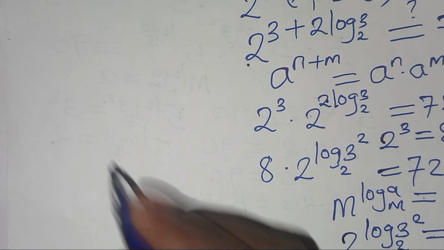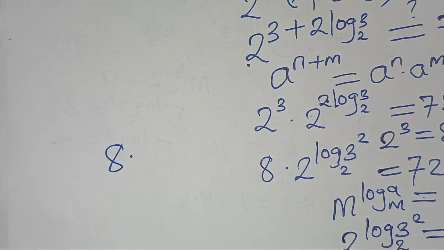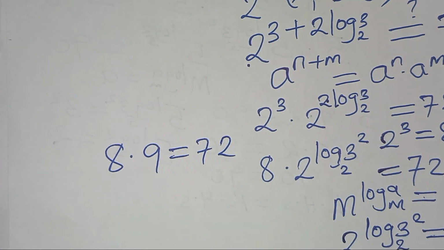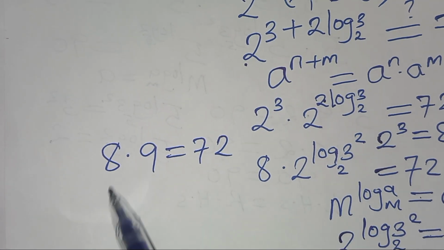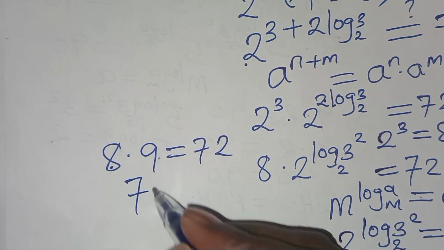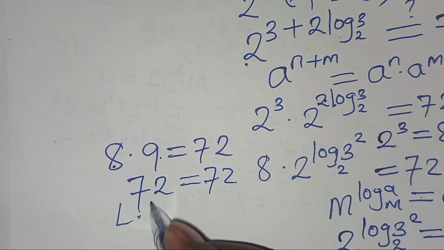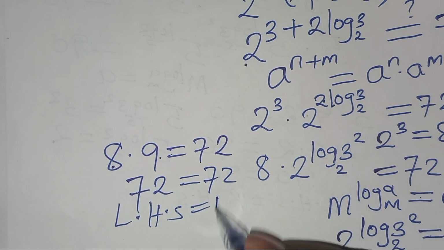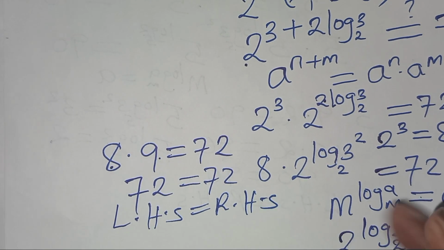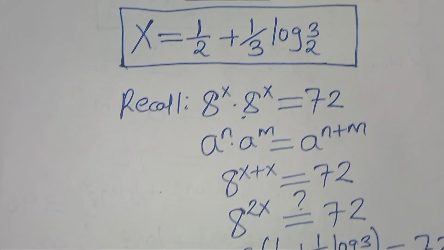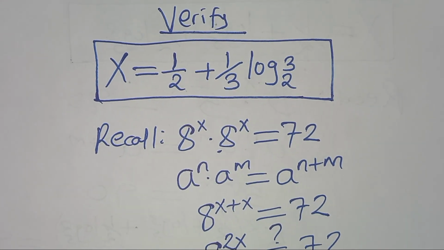So here we'll have 8 times 9. This should give us a value of 72. So here we have that 8 times 9 is equal to 72. So that implies that the left hand side is equal to the right hand side. So this affirms that the value of x, which is half plus 1 over 3 log 3 to base 2, actually satisfies the equation.